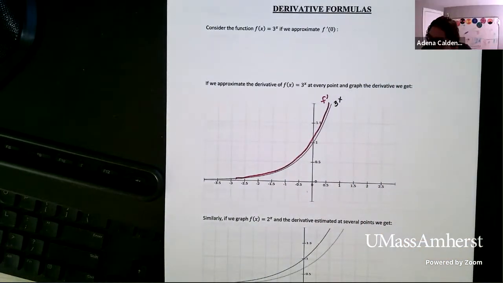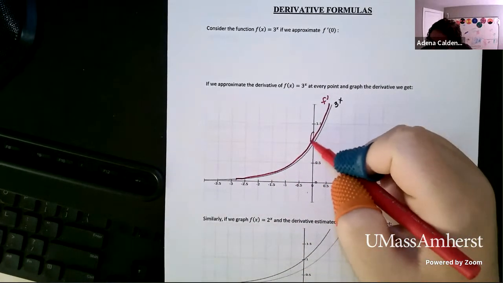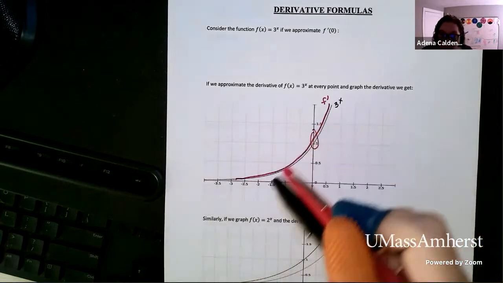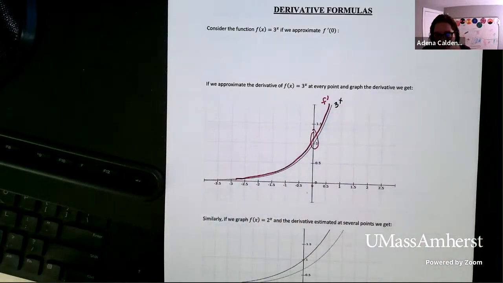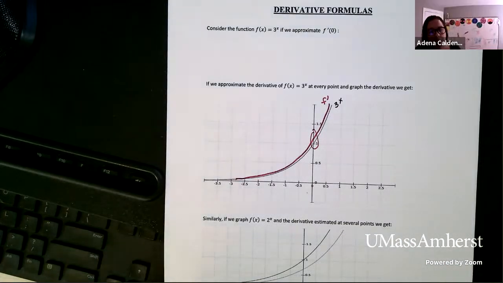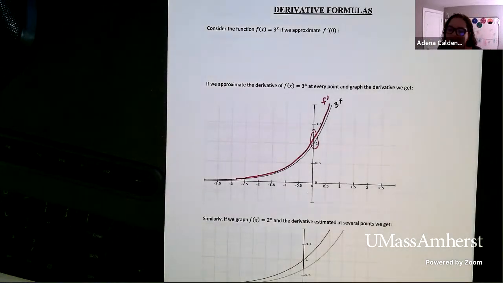What we notice is that at 0, the derivative and the value are really close to one another. As a matter of fact, the whole derivative function, which is in red, is very close to the function 3 to the x. We can tell that the derivative is also going to be exponential, but it's not exactly 3 to the x. There's a teeny tiny little gap.